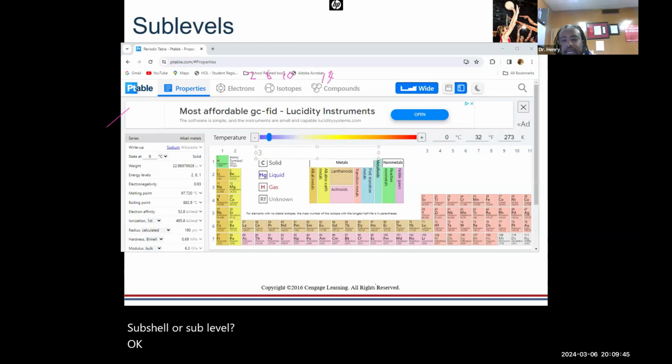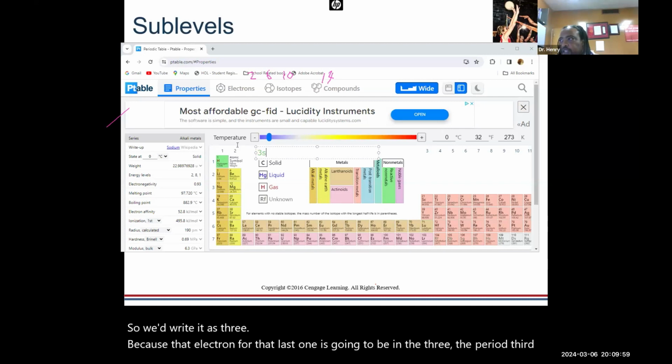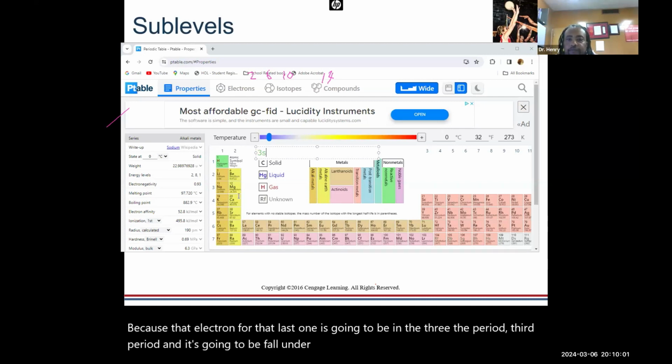So we'd write it as 3s, okay? Because that last electron is going to be in the third period, and it's going to fall under the S subshell.